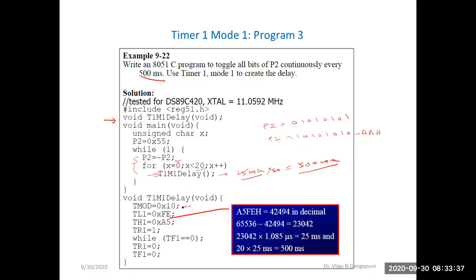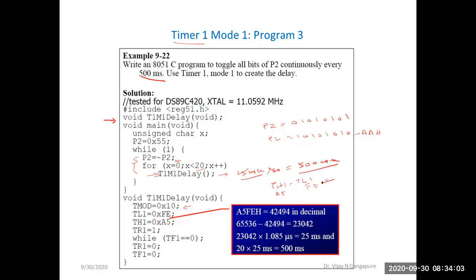This will configure timer 1 in mode 1, because I am using timer 1 now. Then TL1 is equal to 0xFE and TH1 is equal to 0xA5. So I have loaded TH1 and TL1 with the values A5 and FE.